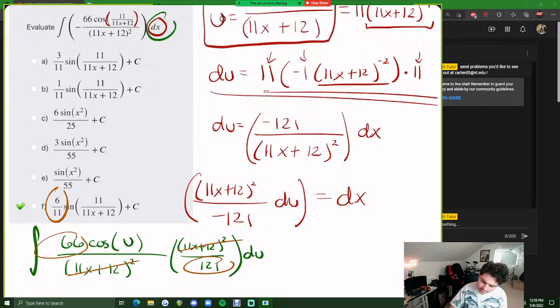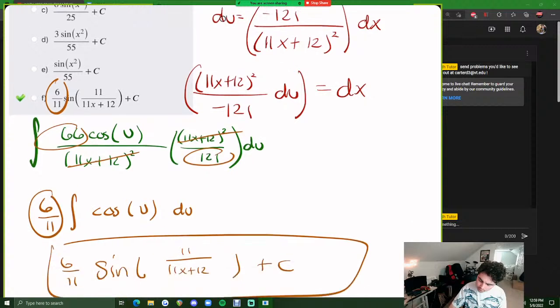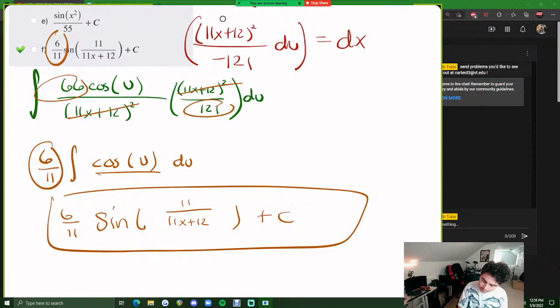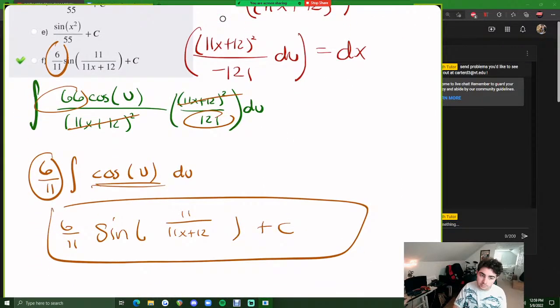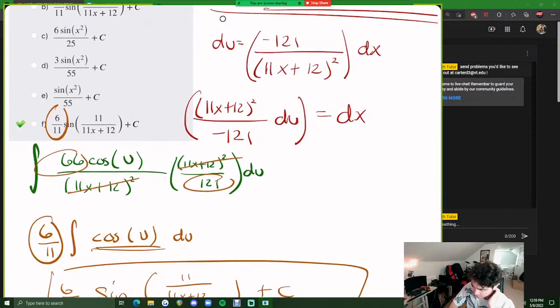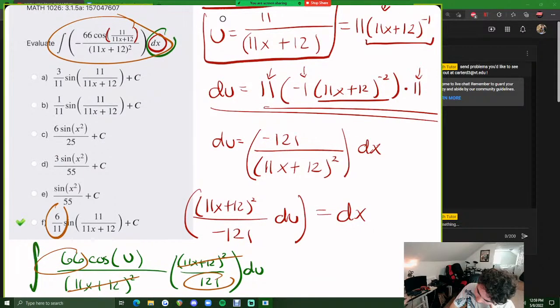And so once we identified the u and the dx, made the substitutions, all the simplifying was hopefully not that bad, and really it just left us with cosine of u. So this crazy integral just got simplified to cosine of u. So that's pretty crazy. And then again, just identifying really the coefficient, the 6 over 11 out in front, was the big deal. All right, let's keep it rolling.